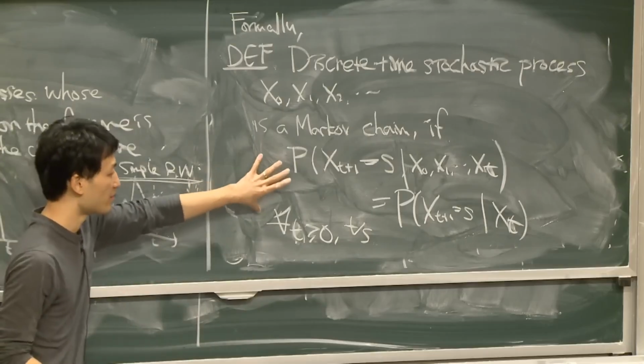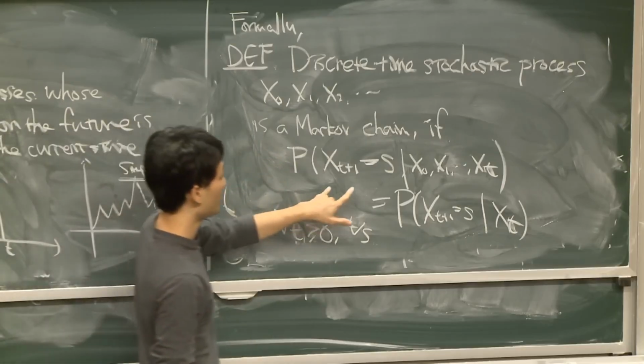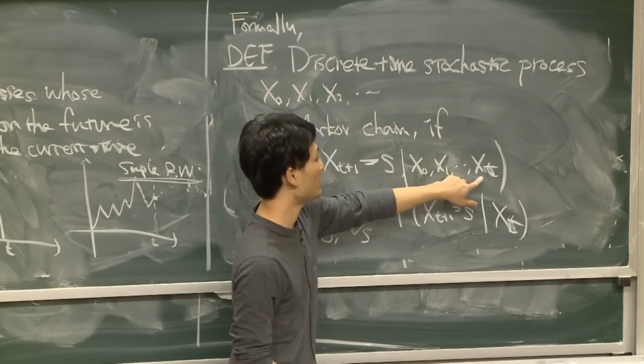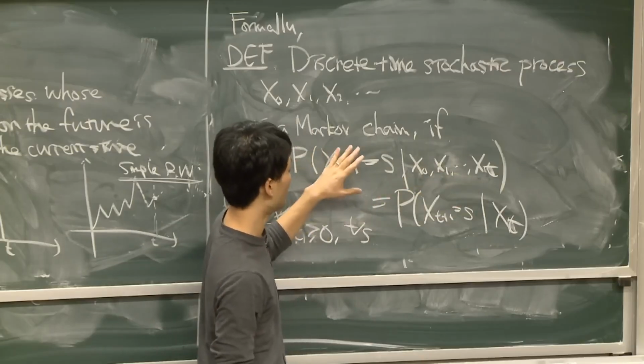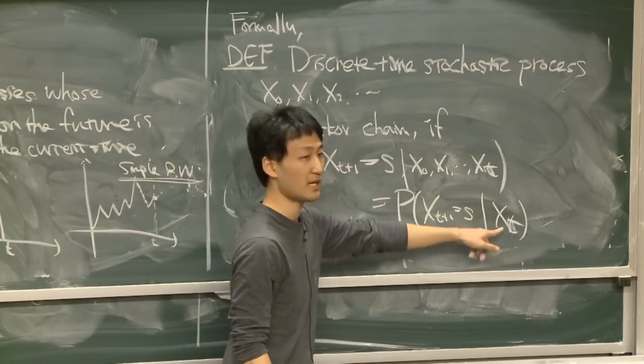This is a mathematical way of writing this down. The probability of the value at t plus 1 given all the values up to time t is the same as the probability of it given only the last value.